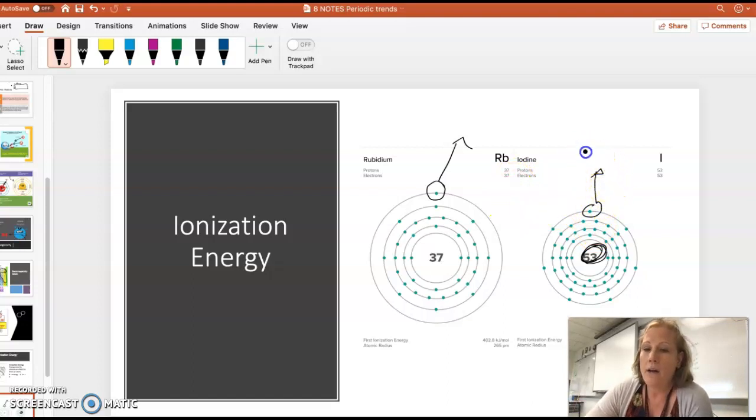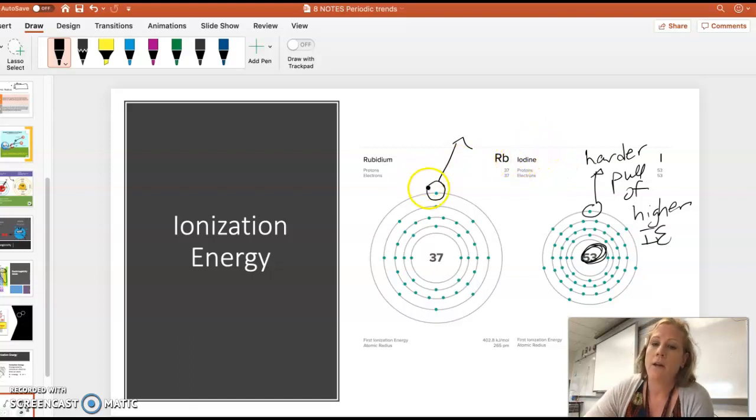So it's harder to pull that electron off, which means it has a higher ionization energy than over here. And iodine is a non-metal. They don't want to lose electrons, they want to gain electrons. Rubidium doesn't feel the nucleus as much, so it's easier to pull that electron off. So it'll have a low ionization energy.